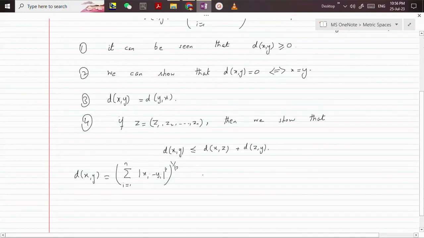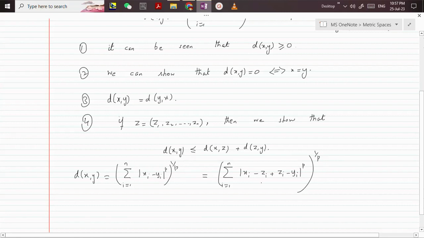Now we add and subtract zi in the modulus: |(xi minus zi) plus (zi minus yi)|^p, the mod of the whole power, and raised to the power 1 by p.